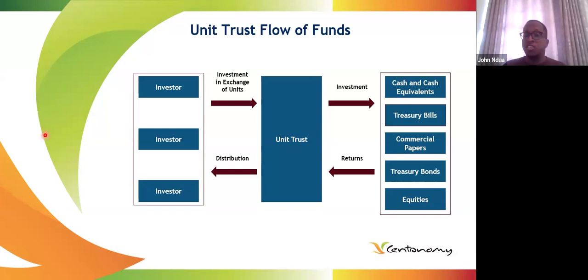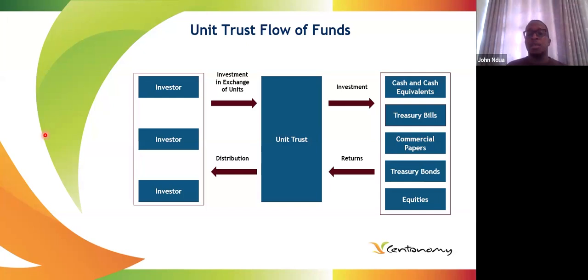Bonds give out returns in interest, equities give out returns in dividends and capital appreciation. Those returns are distributed into the unit trust, and then the unit trust distributes that return to each investor in the proportion of their units, remember. So if I had 100,000, which is 10% of the fund, and the unit trust makes 100 million, I will get 10% of that 100 million. That is what it means.